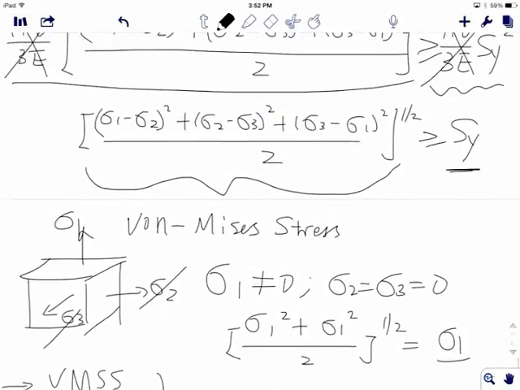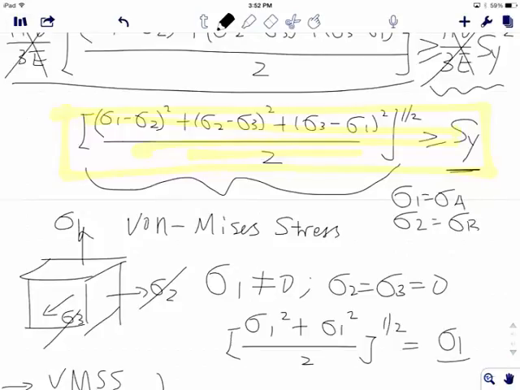See, this is our criteria here. You should highlight it. This is our criteria, right? So plug in sigma 1 is sigma A, sigma 2 is sigma B, sigma 3 is 0. Try to plug it in. All right.